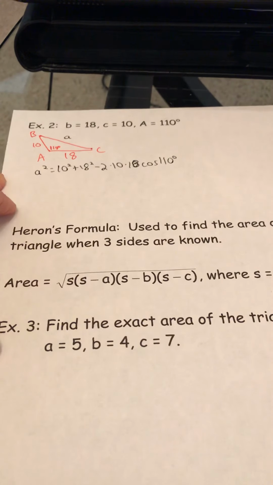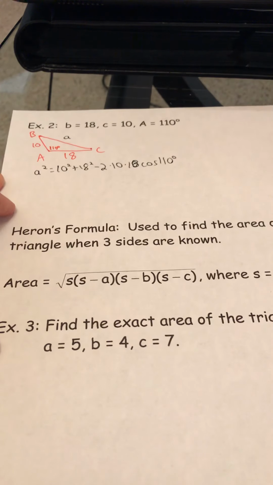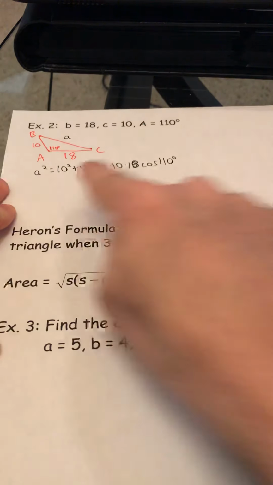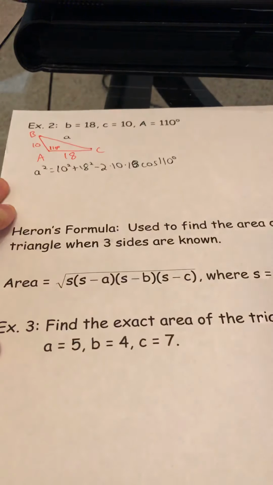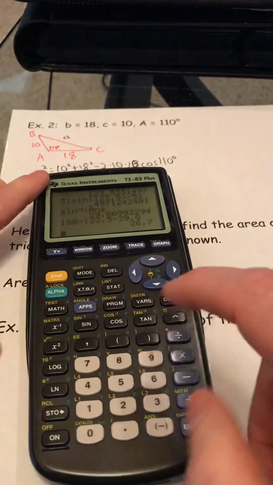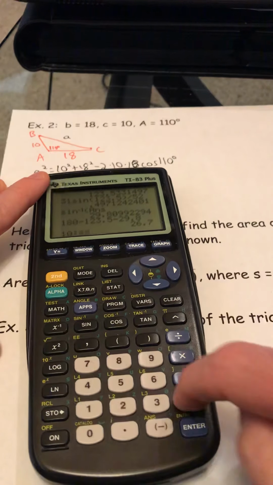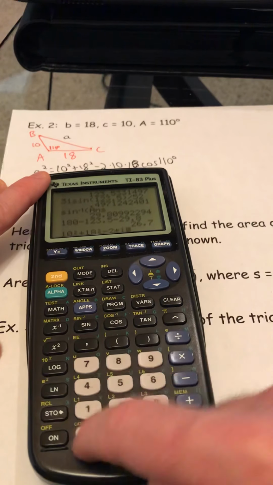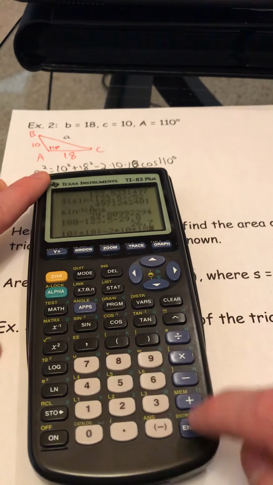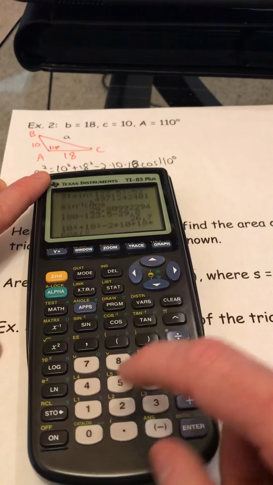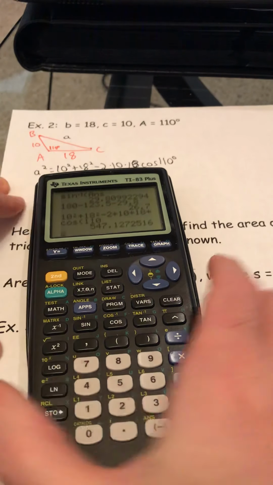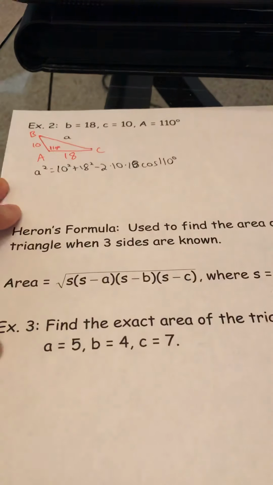Now, unlike the last one, when you're solving for an angle, you cannot enter that all into your calculator at once. When you're finding a side, you can, because you don't have any order of operations issues show up here. So 10 squared plus 18 squared minus 2 times 10 times 18 times cosine of 110 is 547.13.